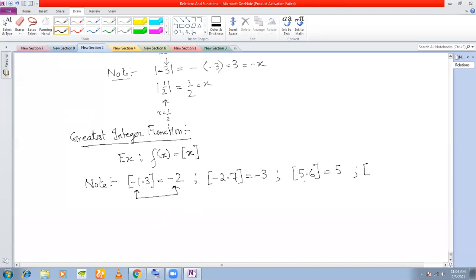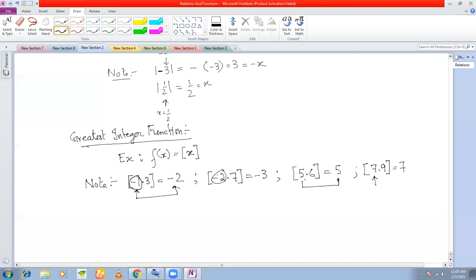Here if you see, 5.6 is there, but 5.6 is positive. So that is why we take the greatest integer 5. Next is say 7.9. So we'll take 7 only. Understood? So for positive numbers, we take the integer as it is, and for negative numbers, we take the integer after this integer. That is, for minus 1, it will become minus 2.